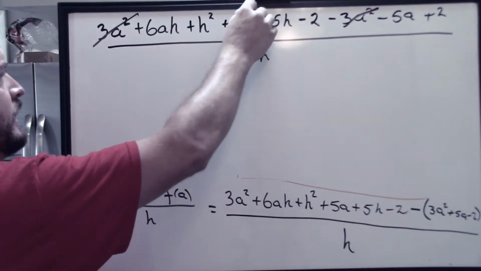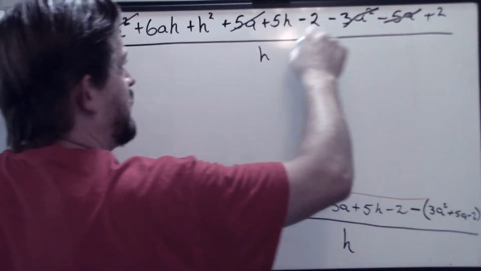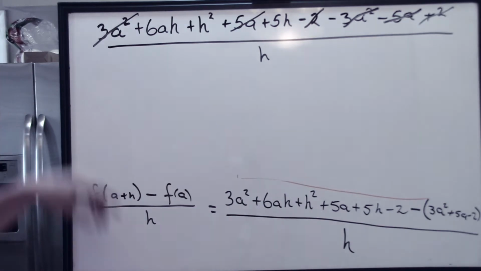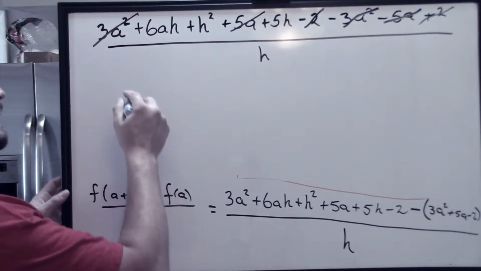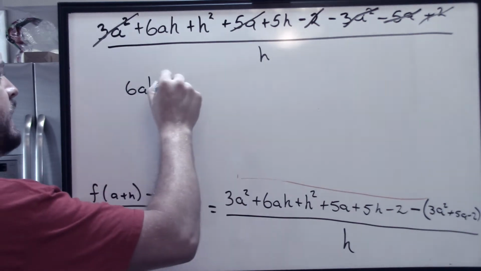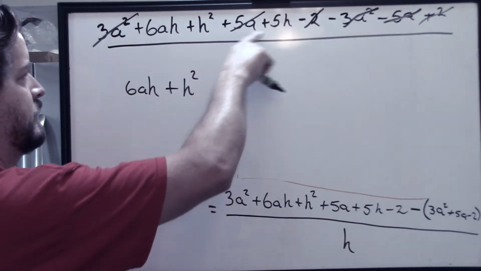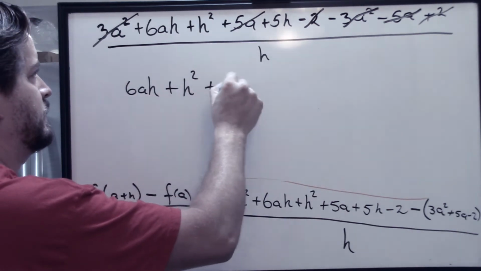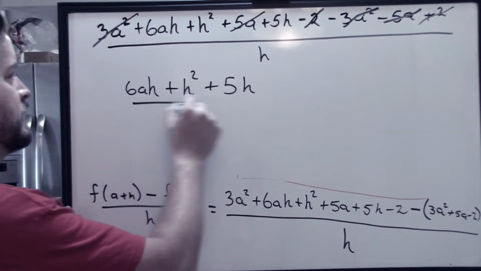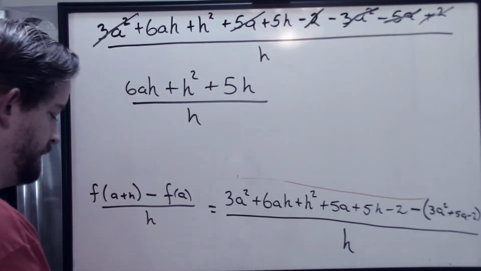The 5a cancels out with a minus 5a, and then minus 2 cancels out with a plus 2. Right? So the only things I have left are this 6ah plus h squared plus 5h, and that's it, all over h, right?